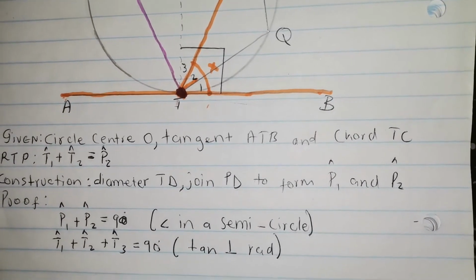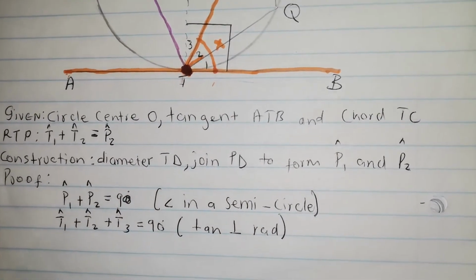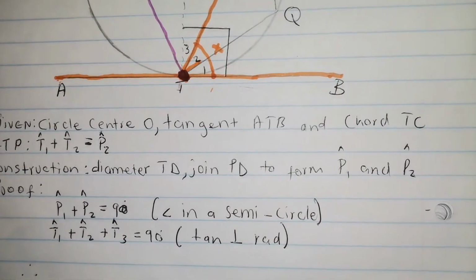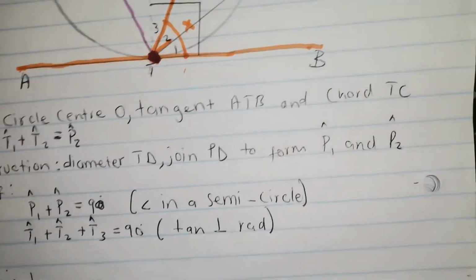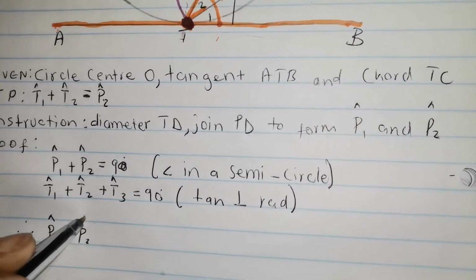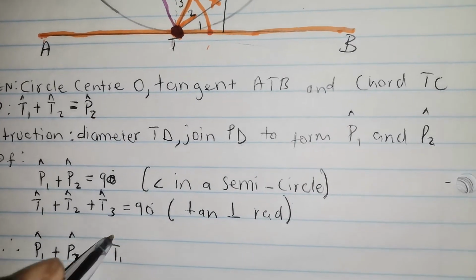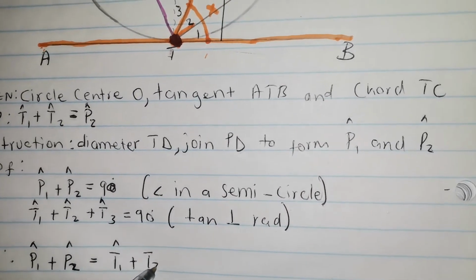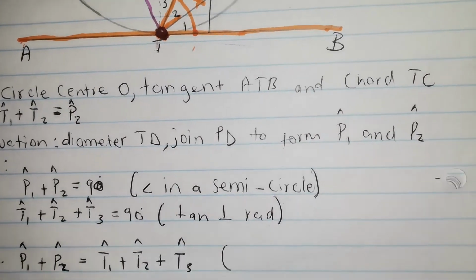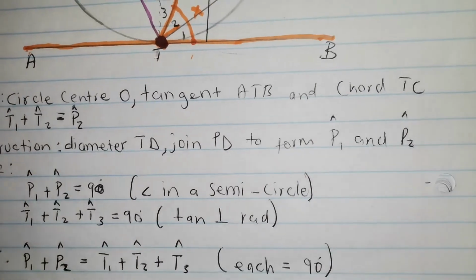Then logically, by logic, this means that angle P1 plus P2 equals T1 plus T2 plus T3, each equal to 90 degrees. This is just logic, guys.